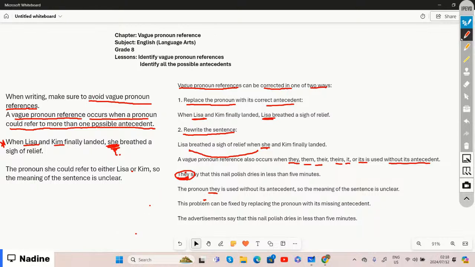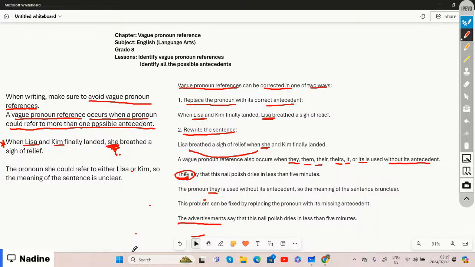And an antecedent can be a person, a place, a thing, an organization. If we replace the word they, we can say the advertisements say that this nail polish dries in less than 5 minutes. So now we need to ask ourselves, who says that? It's the advertisements.